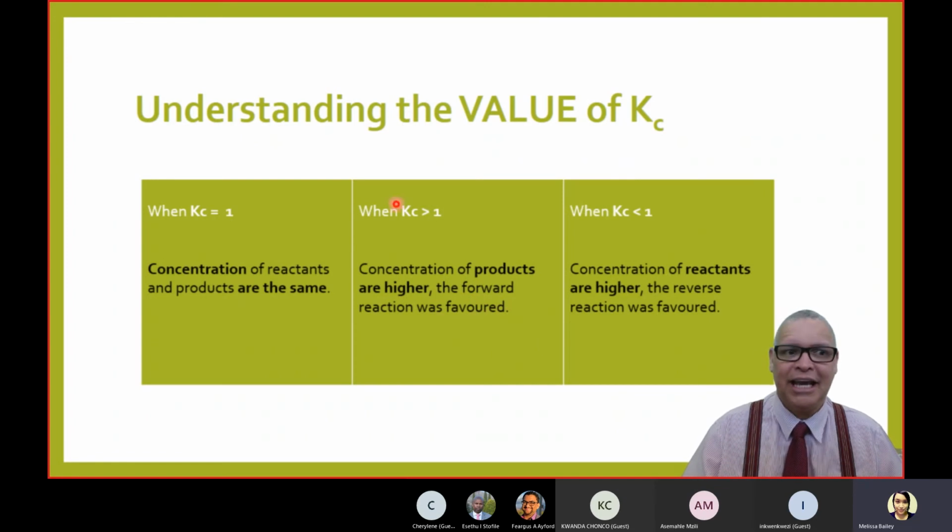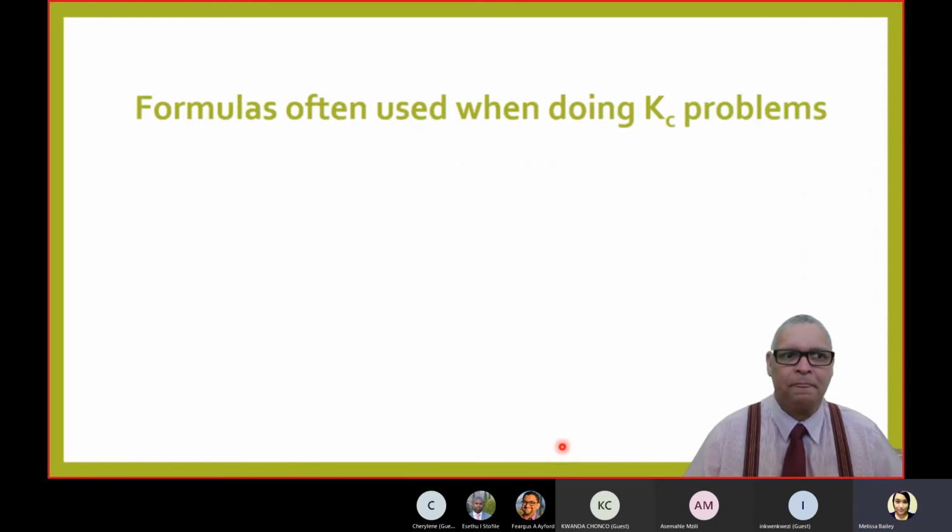All right, you got that? When Kc is less than 1, the concentration of the reactants is higher and therefore the reverse reaction is favored. This is a very handy tool to keep in mind. So once again, Kc is less than 1, because oftentimes in the final examination, the examiners test our understanding of these important points.